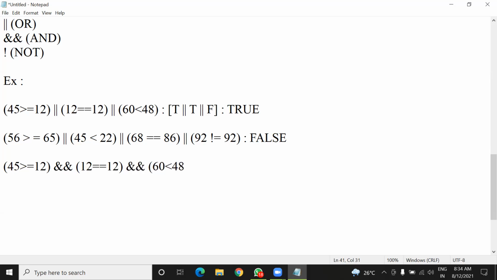Why? Because this last expression is false. So here in case of AND, if one of the expressions is false, then the overall result becomes false. Understood now?